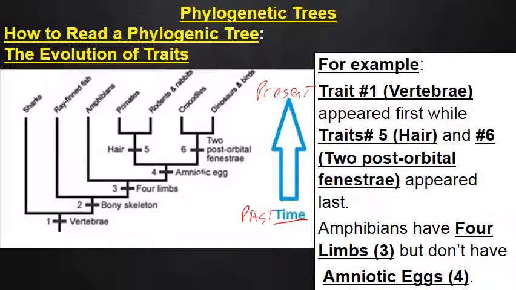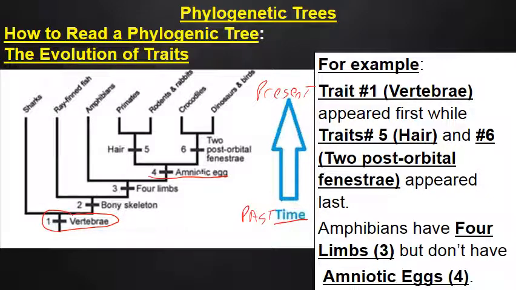Now, trait number 1 would be vertebrae. According to this phylogenetic tree, vertebrae appeared first, before bony skeleton, 4 limbs, amniotic egg, and hair, and finally 2 post-orbital fenestrae. And the way to look at this as well is, let's say you have amniotic egg.